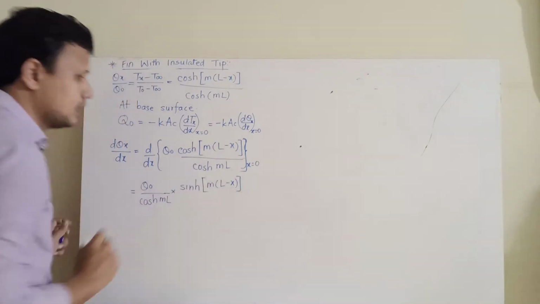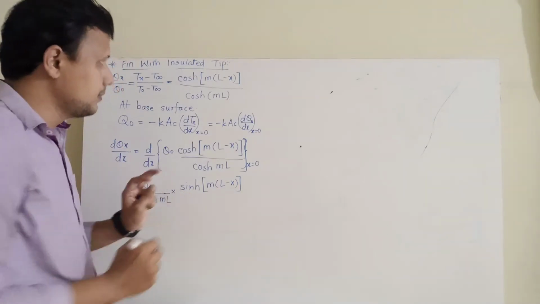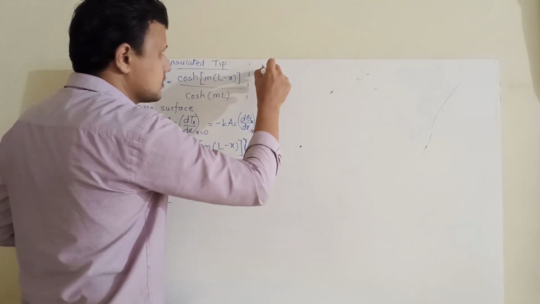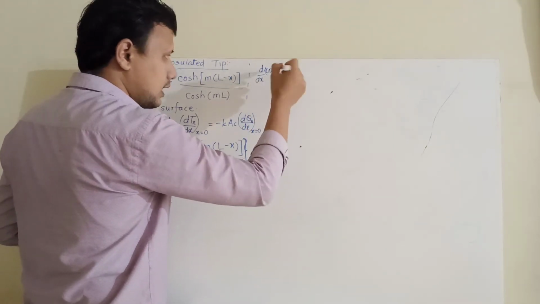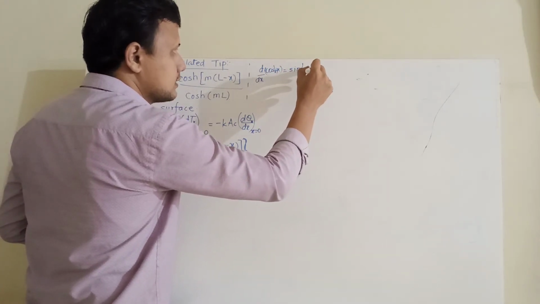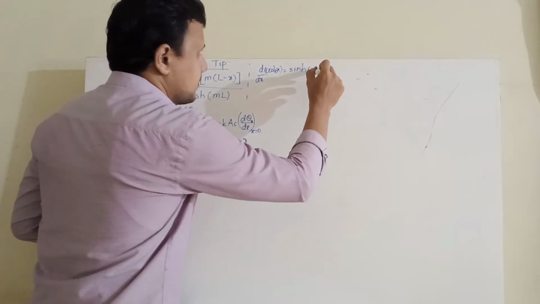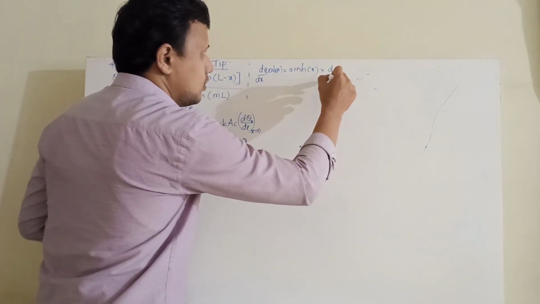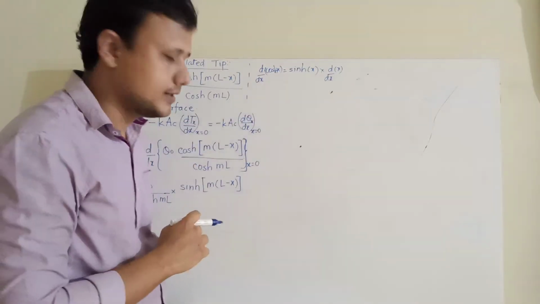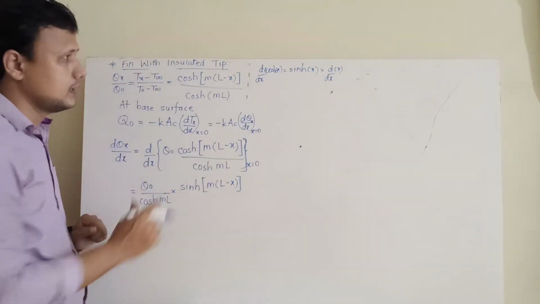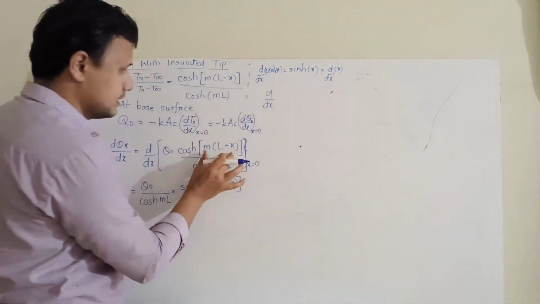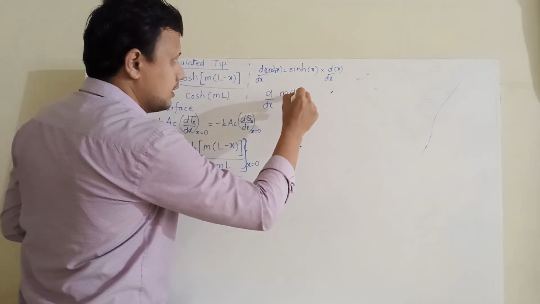Remember, when we differentiate d/dx of cosh x, it will be sinh x multiplied by the differentiation of x also. That is equal to 1, so we don't generally write it, but in this case we will have to write it, because it will be the differentiation of this entire bracket m(L minus x).